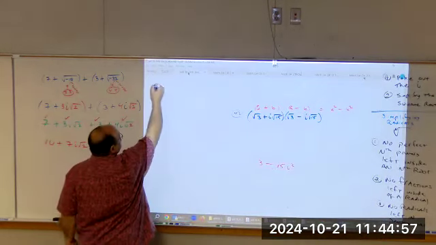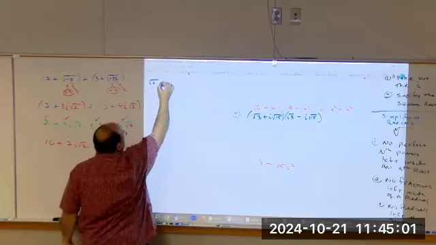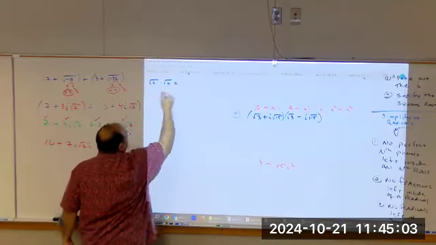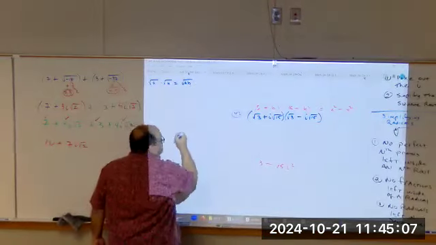The rule for multiplying the square roots: the square root of a times the square root of b, you multiply the inside, a times b.